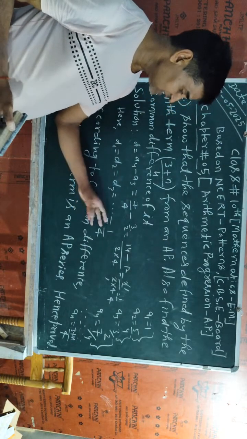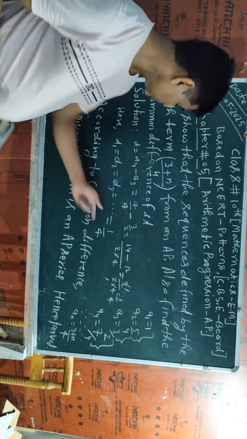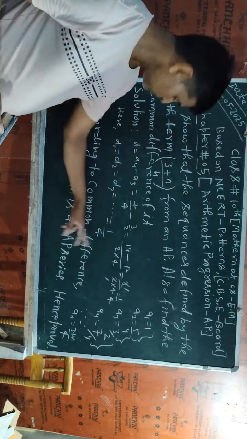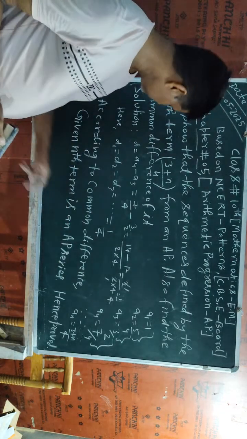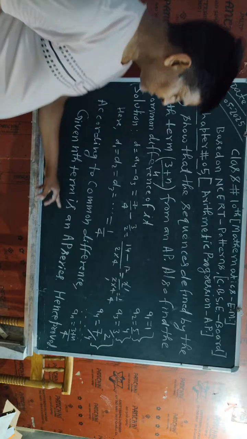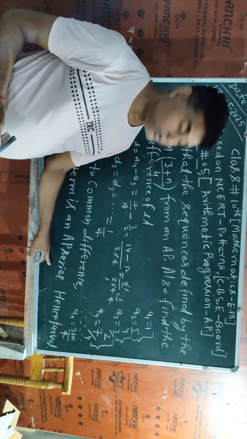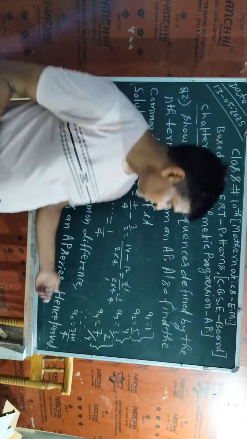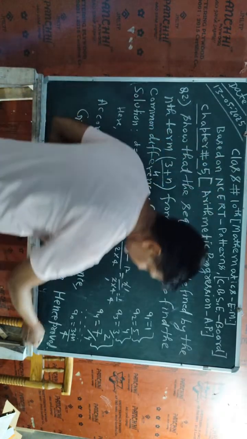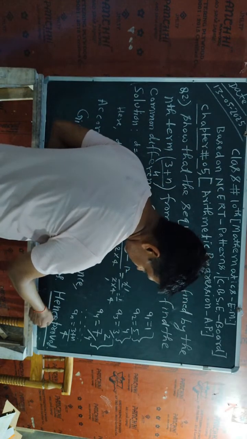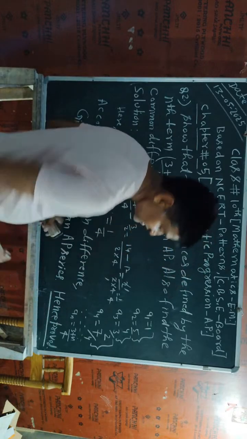It means that this is the condition for arithmetic progression. Therefore, I will say according to common difference, the given nth term is an AP series. Therefore, it is proved, and the solution of that question has been completed.